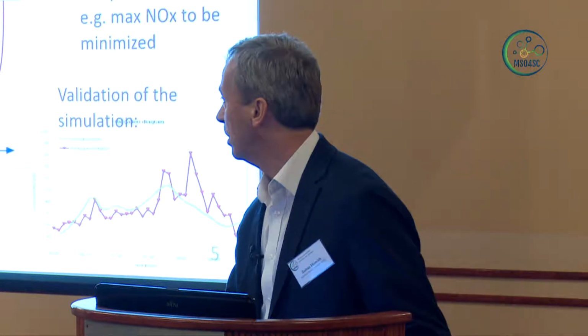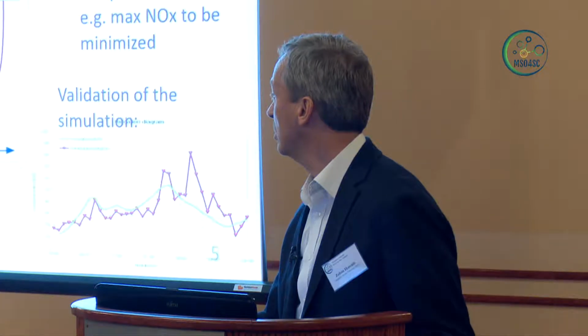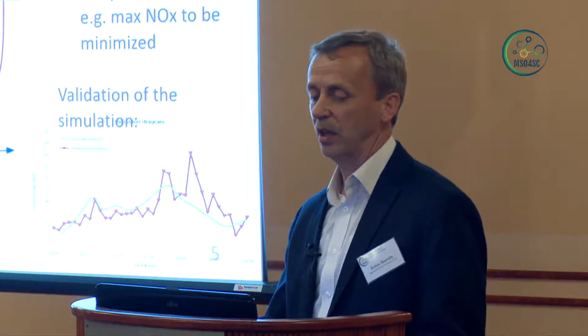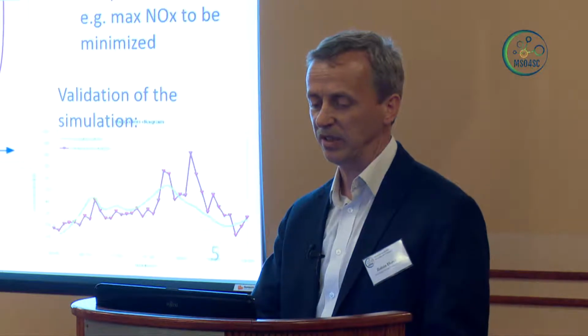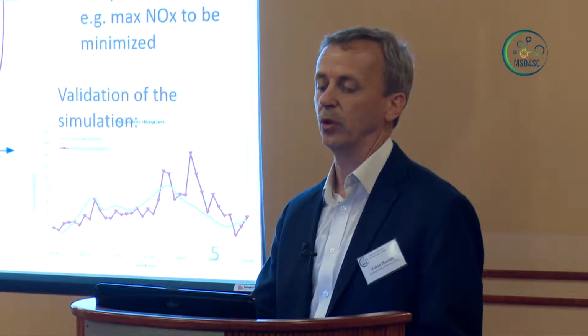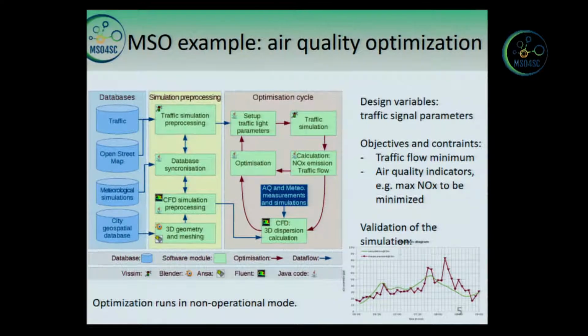And for that, we set up a simulation and optimization framework with databases for the traffic, the meteorology and the city. We set up a simulation part, which needs pre-processing. And then, once it is prepared, for the simulation we set up the initial conditions for the design parameters, which are traffic signal parameters.